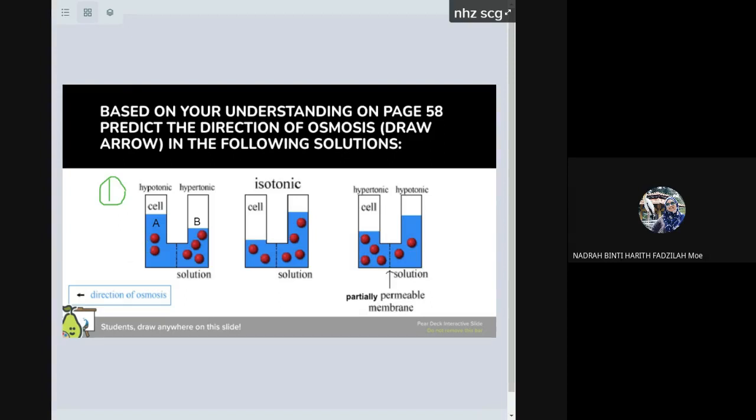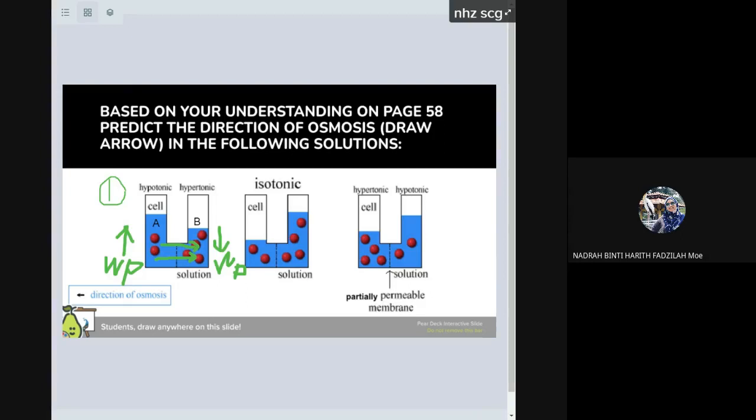This is too tebal. Alright. Solution A has a higher water potential compared to solution B. Solution B has lower water potential. So since solution B has lower water potential, water molecules will diffuse from solution A to solution B.